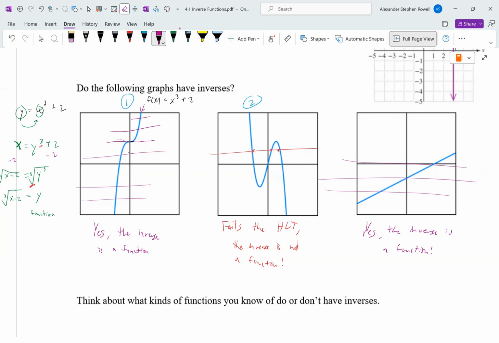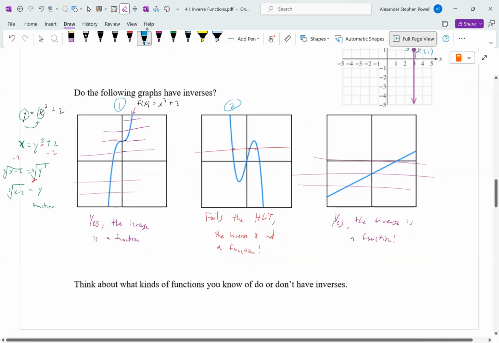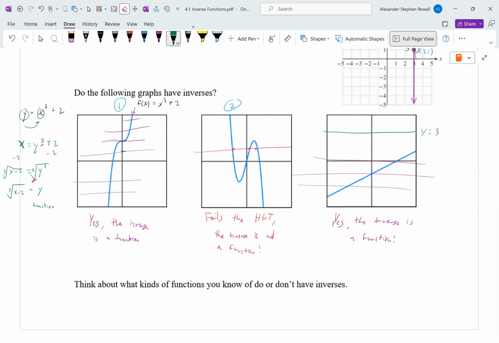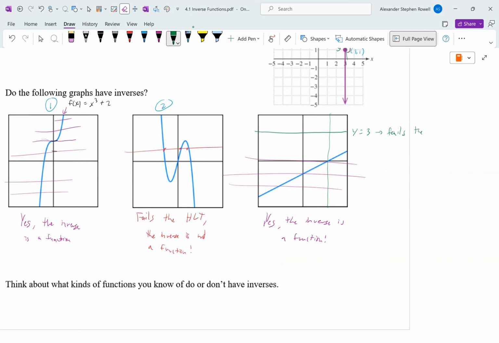Can you think of any straight line that does not have an inverse? Horizontal line. Good. A horizontal line, y equals 3, for instance, does not have an inverse because the inverse would be a vertical line. This is the only type that fails the horizontal line test.